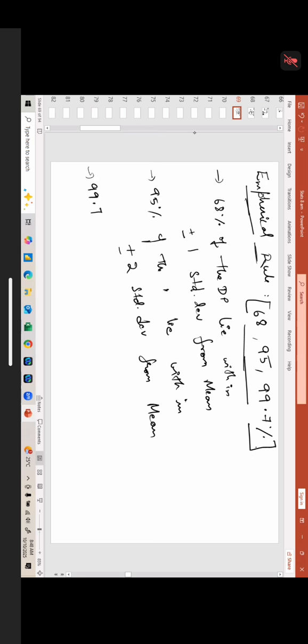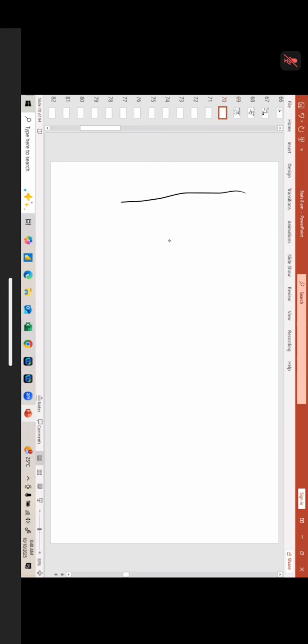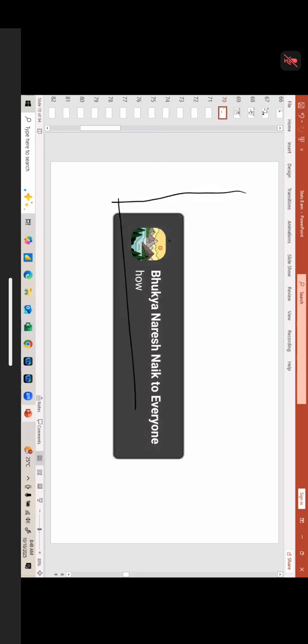Next, 99.7% of the data points lie within plus or minus 3 standard deviations from the mean. Is this understood?